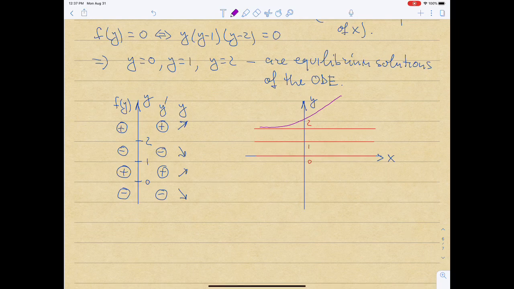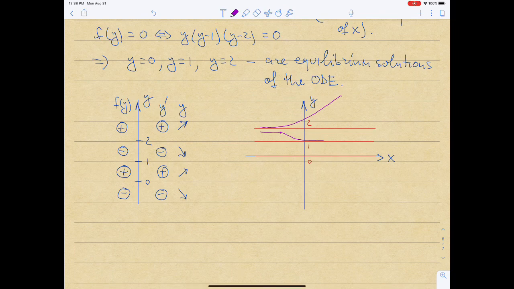If I start with another point between 1 and 2, so let's say somewhere around here, then the solution must be always decreasing, and it cannot penetrate through the levels 1 and 2, so it must look like this.